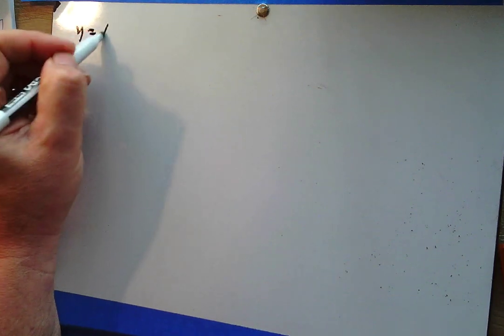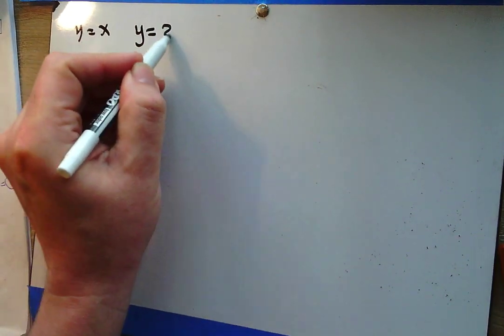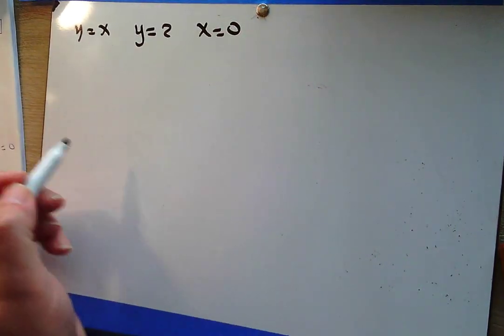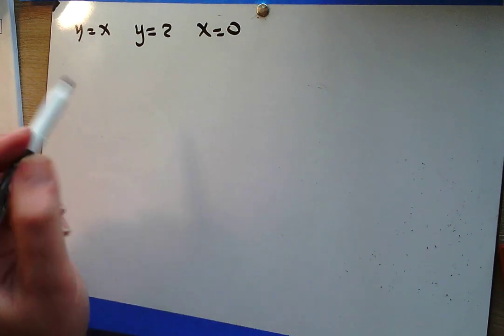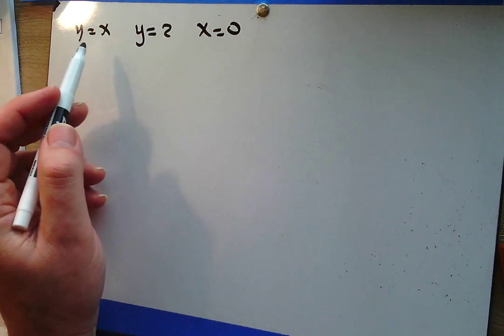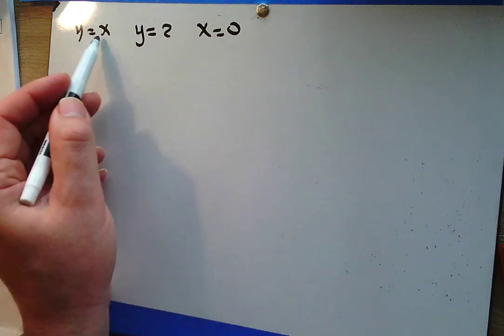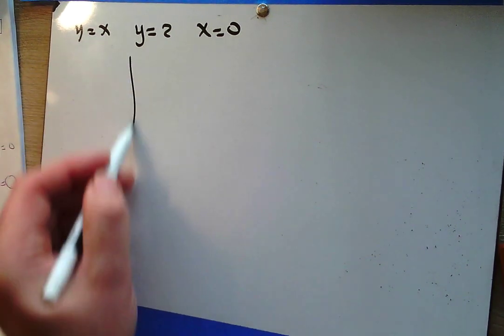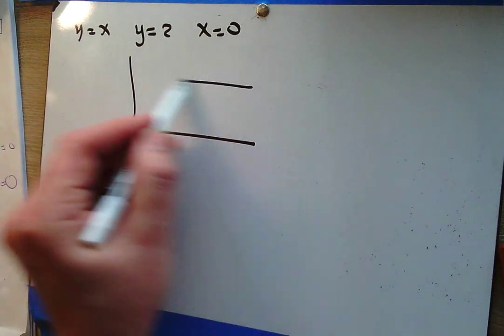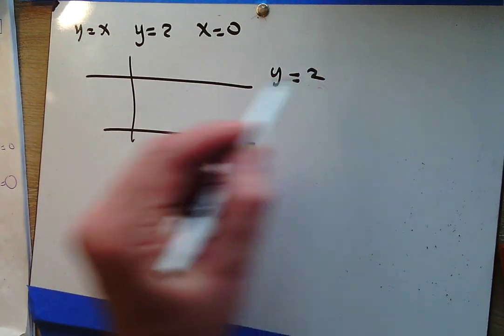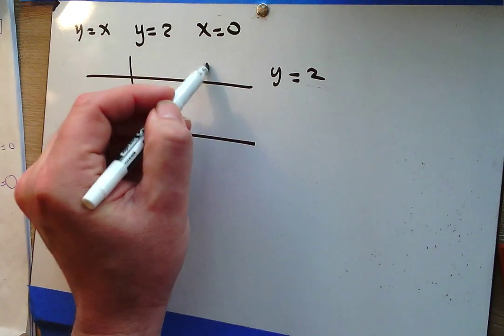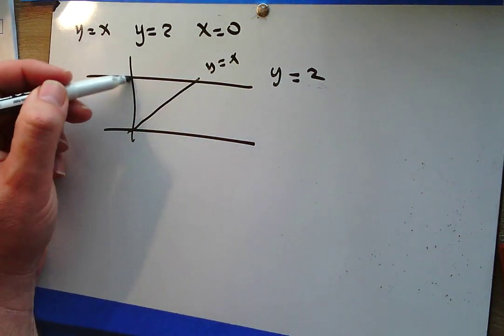y equals x, y equals 2, and x equals 0. You know, it's curious. The challenge with this is that people treat this like that. So the issue here is y equals 2, y equals x, and x equals 0.